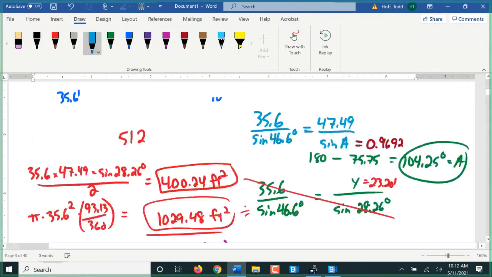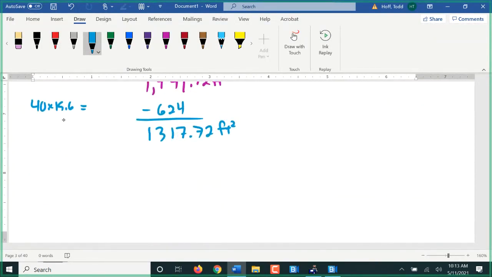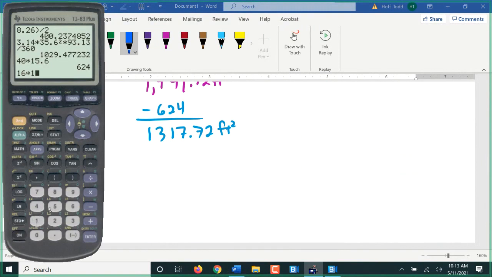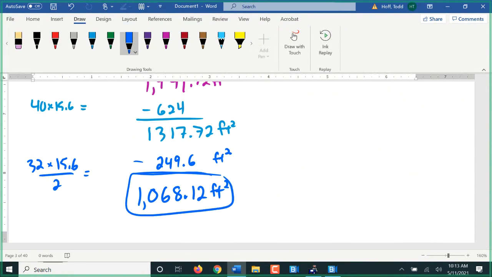And then we have this triangle over here that's 32 by 15.6. Now that's a triangle, so it's divided by 2. Give us 249.6. That needs to be subtracted out, giving us 1,068.12 square feet. Now this is going to apply to the wall area and to our volume.